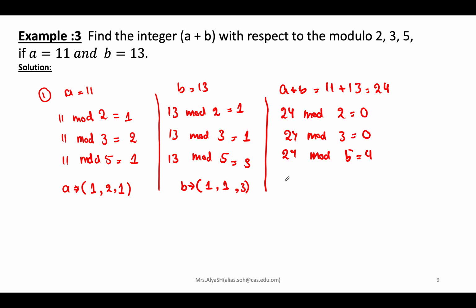So here we got that a plus b has the modular representation 0, 0, 4, where a plus b equals 24.